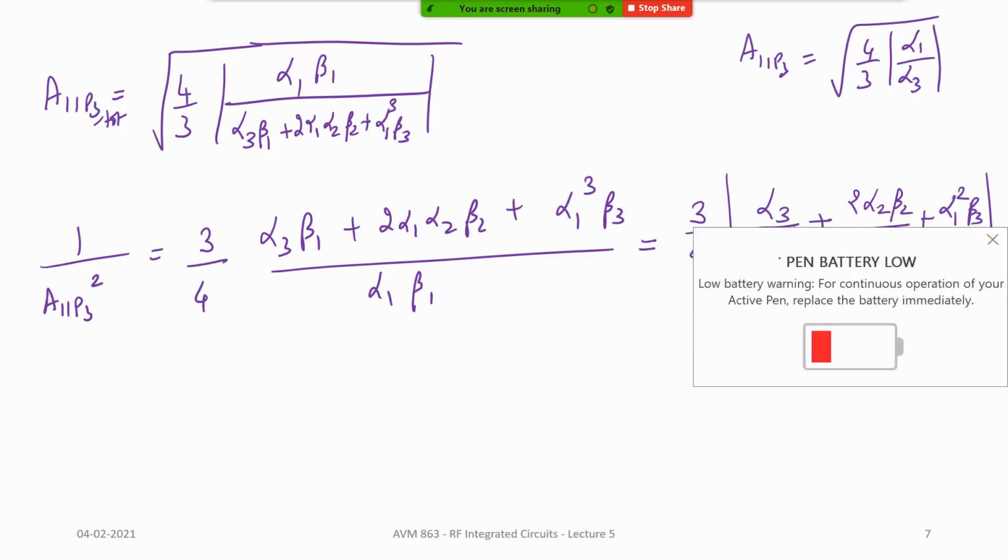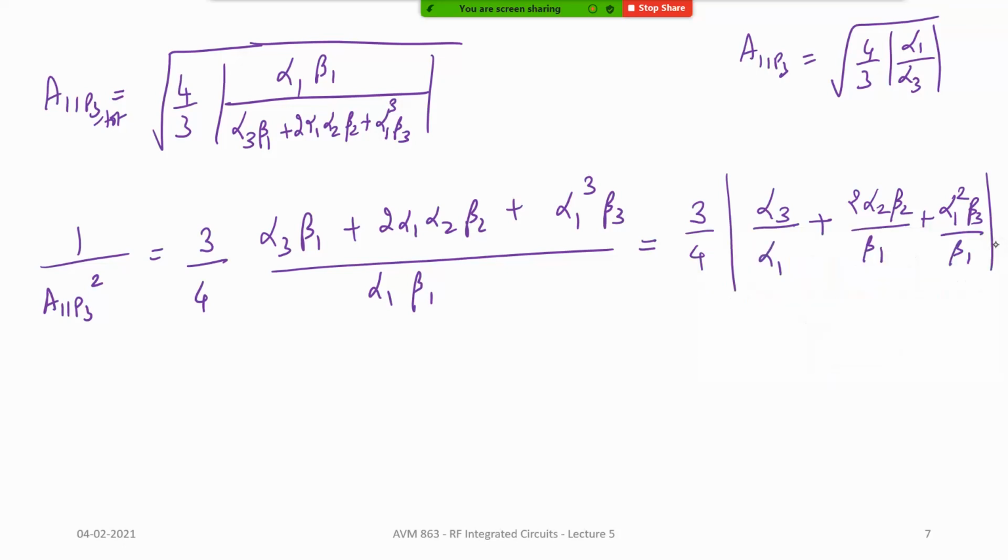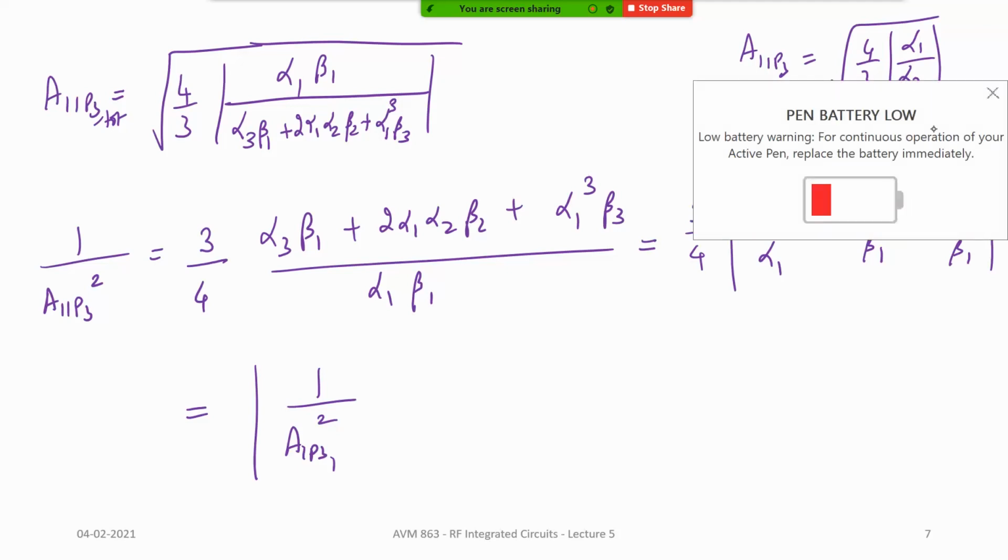Now can you look at the first term and think of something? Does it represent something? Look at this IP3 equation. So 3 by 4 alpha 3 by alpha 1 can be written as what? 1 by AIP3 1 squared, correct? Because AIP3 is root of 4 by 3 alpha 1 by alpha 3.